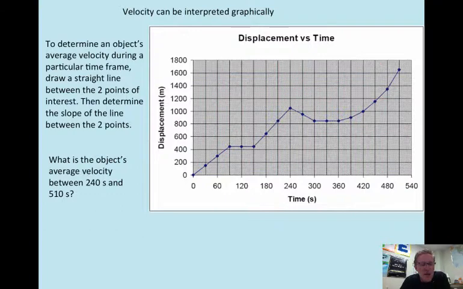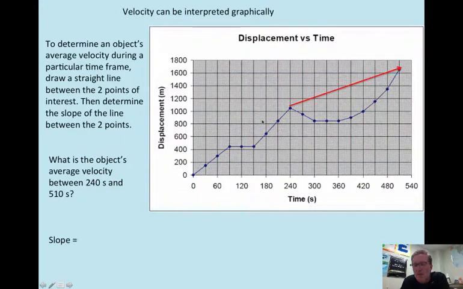We want to find the average velocity from 240 seconds, which is right here, to 510 seconds. To determine an object's average velocity during a particular time frame, we draw a straight line between the 2 points of interest, then determine the slope of the line between the 2 points.